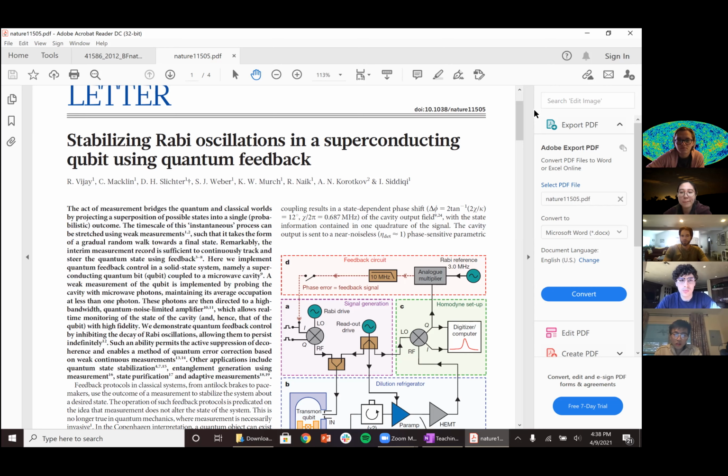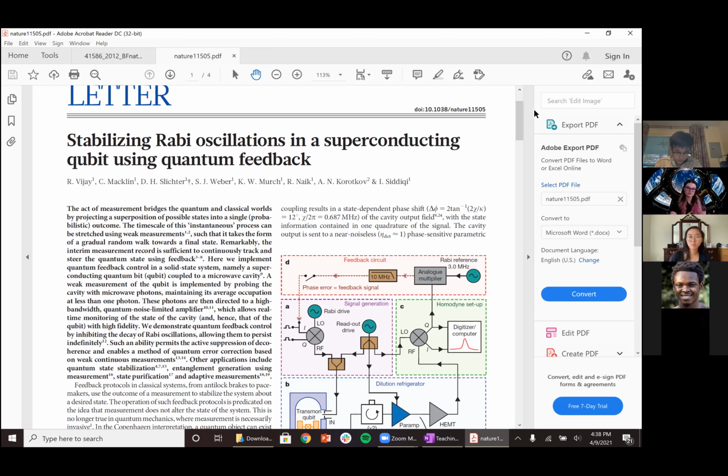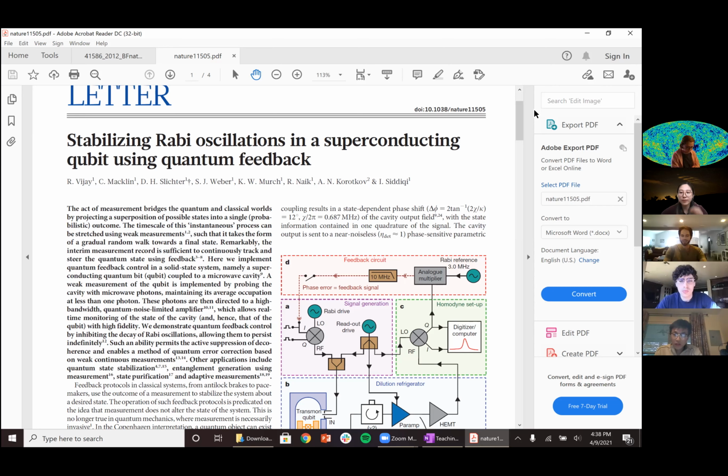For those of you who have taken 438B, basically, instead of trying to simulate the dynamics of a wave function, I'm trying to simulate the dynamics of a density matrix. In density matrices, you don't govern them with the Schrodinger equation, you govern them with what are called master equations.